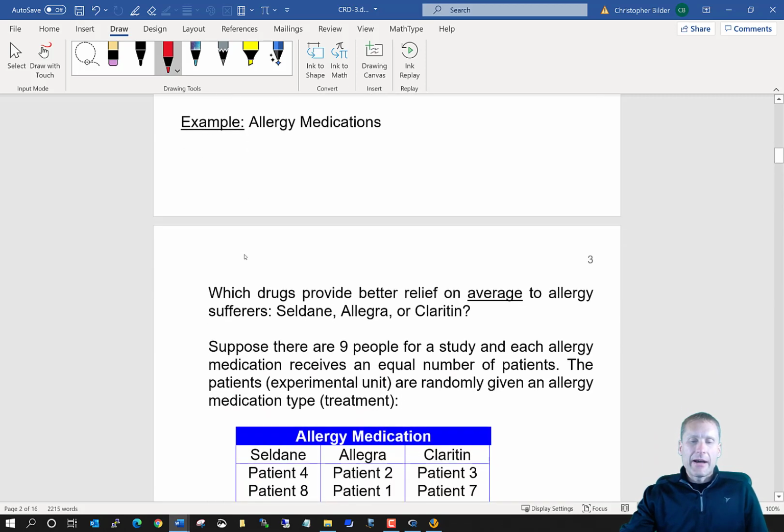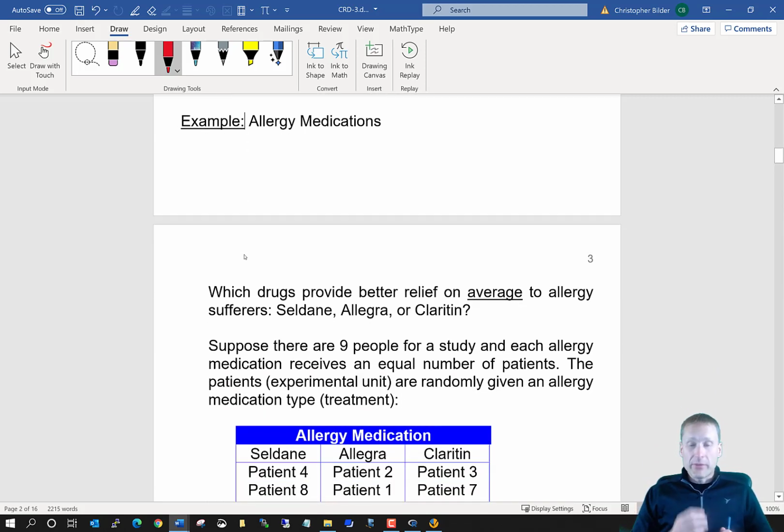Okay, that was with respect to the Wheaties example. We've also talked about another example with respect to allergy medications, about which one relieves allergy symptoms the best. A pharmaceutical company would do a clinical trial to determine this.